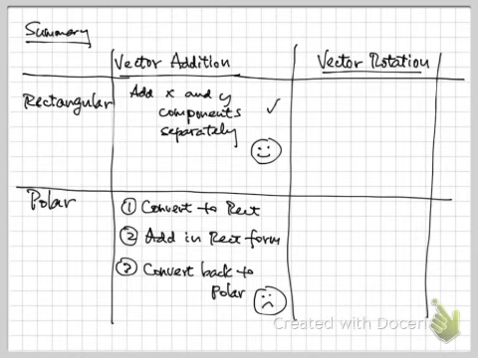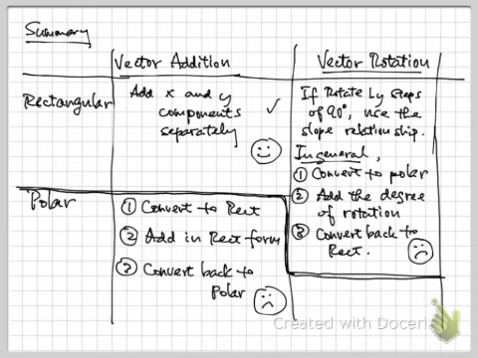Now what about the vector rotation? In vector rotation, if you happen to be in rectangular representation, then unless you're rotating by steps of 90 degrees, for which you can use the slope relationships to help you figure out the rotated vector, for any arbitrary angle of rotation you would have to convert to polar first, and then add or subtract the degree of rotation, as the case might be, whether it's clockwise or counterclockwise, and then convert back to rectangular.